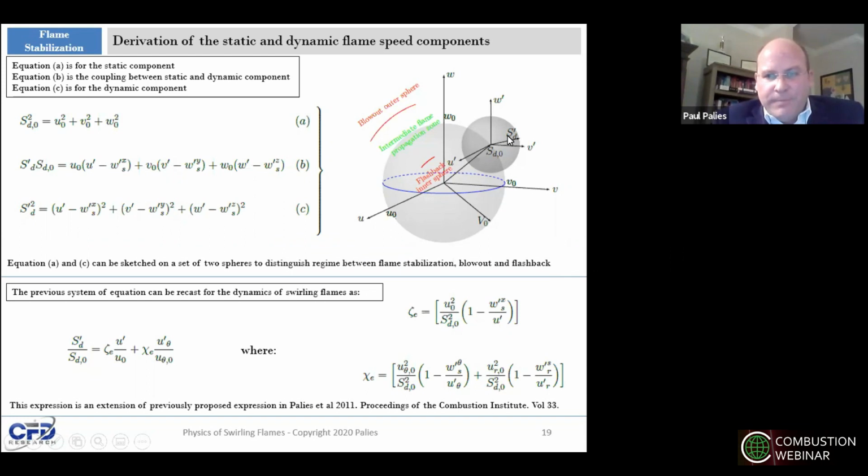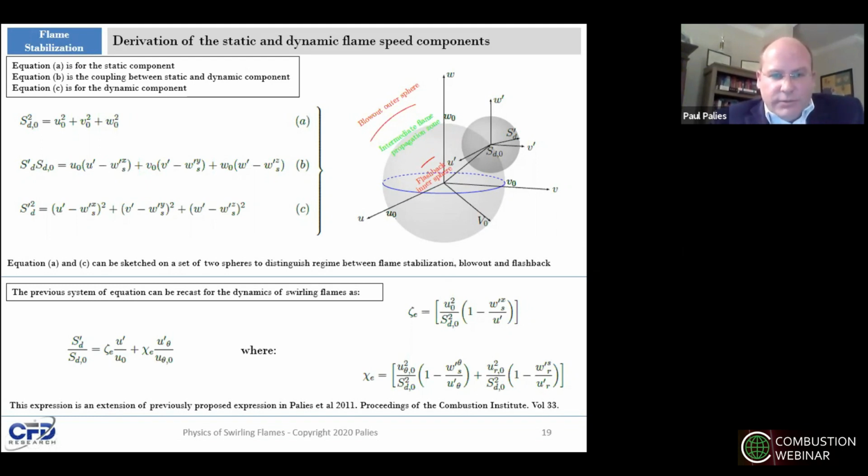So that's to be explored more, this description, and we could think of data from simulation or experiment to complete this description and overlap this data to these two spheres and verify that it holds.